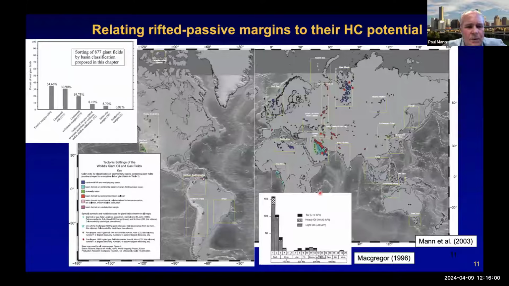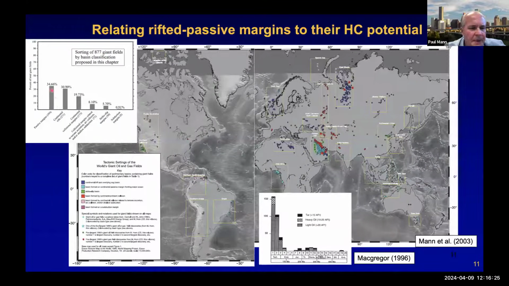Okay, so one important point, just to wrap this up, is what is the relation of these settings to hydrocarbon potential? These are giant fields. This is an older compilation, only goes up to about 2000. But basically what we did back then was count up all the giant fields. There were about 900 of them.